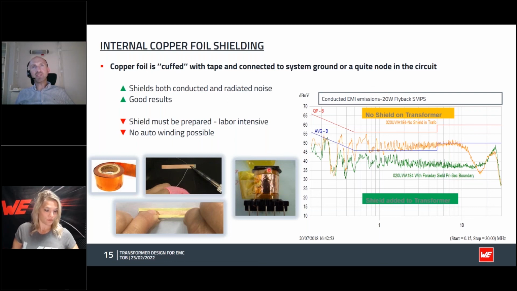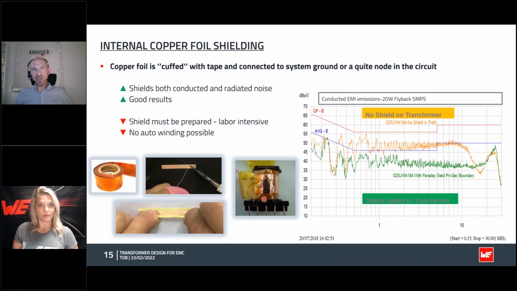So what we typically do when we do these shields is we cover them with tape, and if we need to meet some creepage and clearance distances, we use what we call margin or shelf tape to keep it away from the edges. So you do have to be careful when you're doing these shields, and often you need to use something like shelf tape when you have to meet safety requirements.